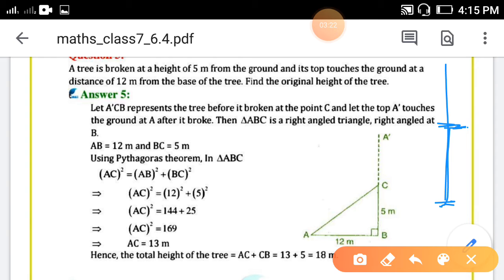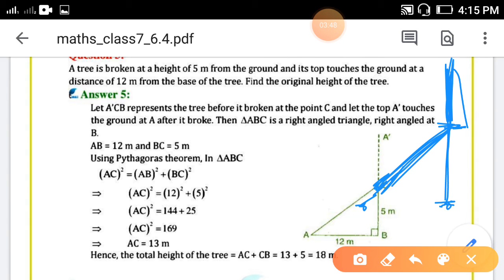Now, this part will fall down, slant way. You think about a tree, from the middle of its trunk it is broken. Then that part will fall down this way, and this part touches here at the ground.